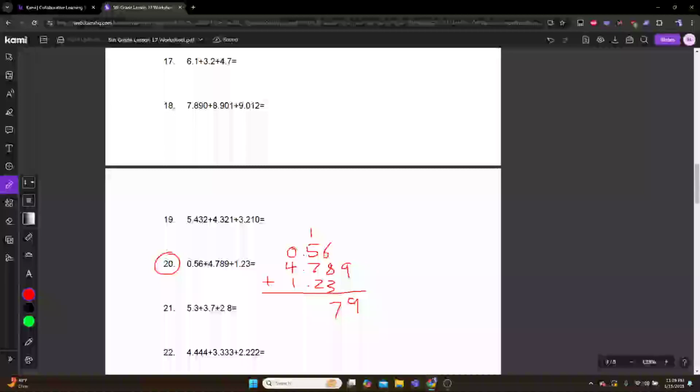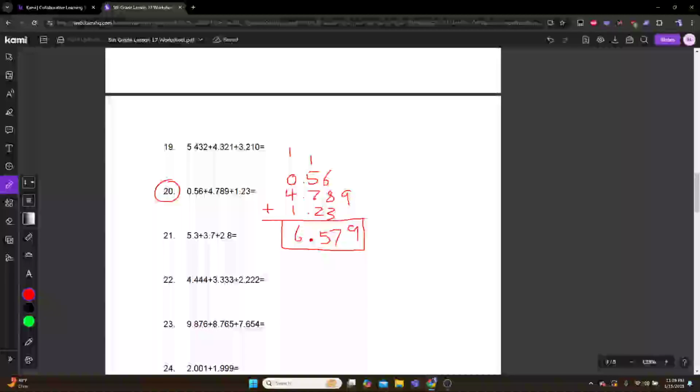So 1 plus 5 is 6, 6 plus 7 is 13, and 13 plus 2 is 15. So we put a 5 here, bring the 1 over, bring the decimal point down, and then 1 plus 0 plus 4 plus 1 is just 6. So the answer is 6.579. And we could estimate this to be about 1, this to be about 5, this to be about 5, and this to be about 1. So it's 1 plus 5 plus 5 plus 1, which is 12, hmm, roughly 7 is about 6.579.